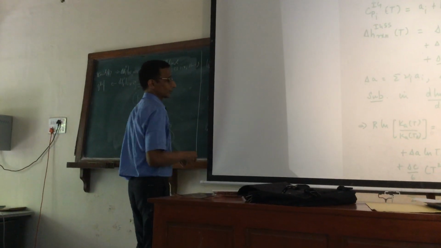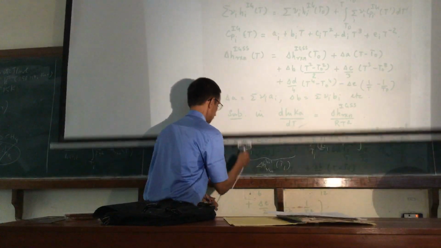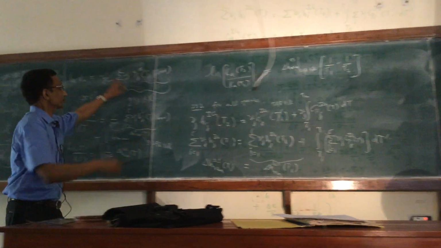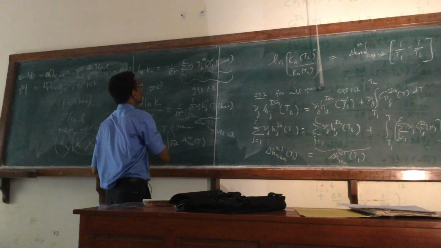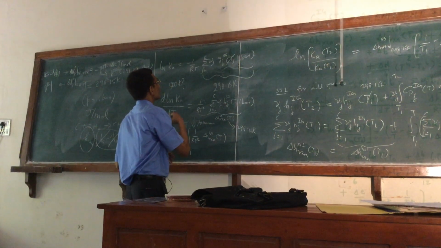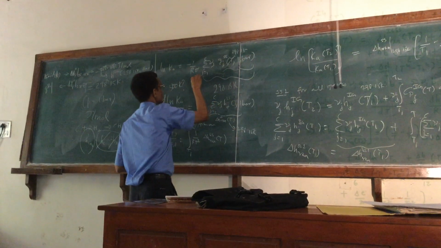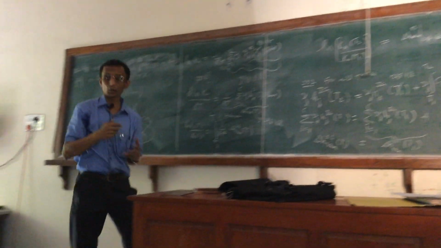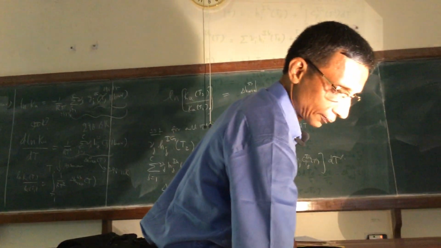That is calculated using this. So first I go to the tables and calculate the Ka at 298.15.